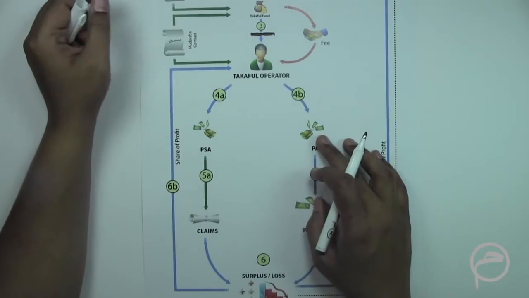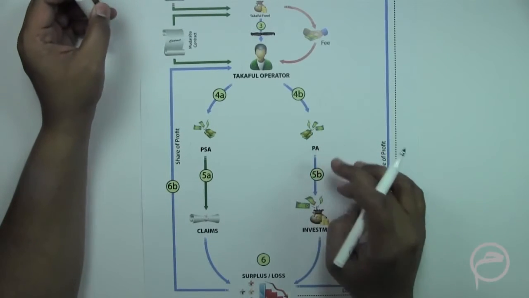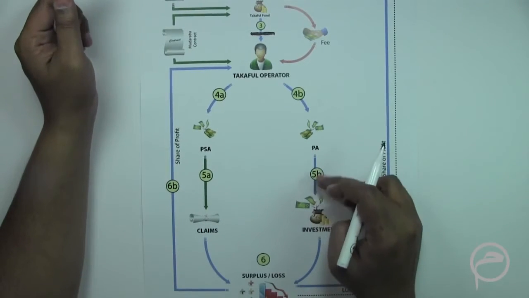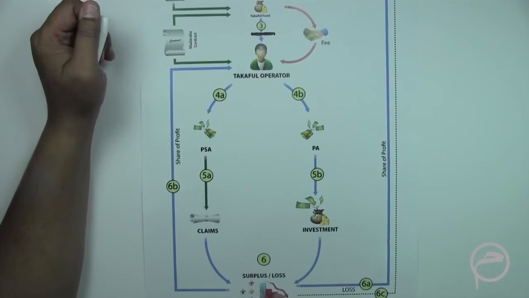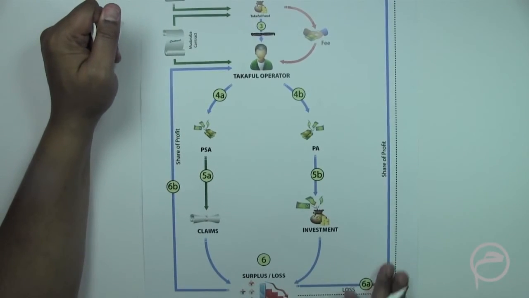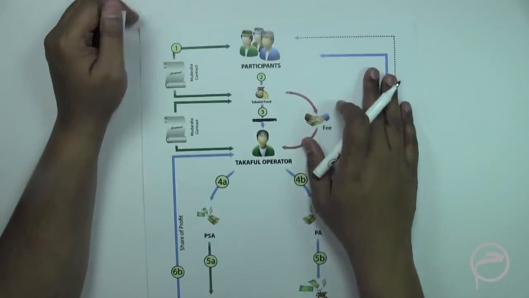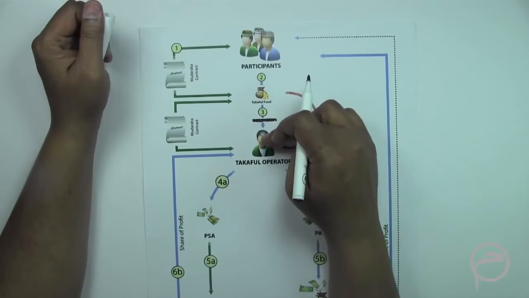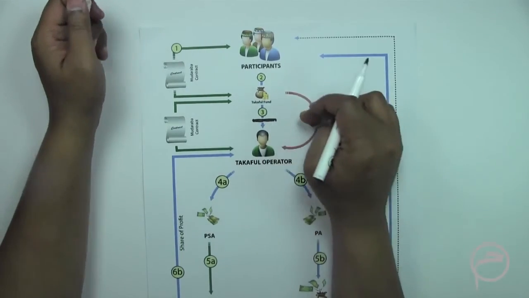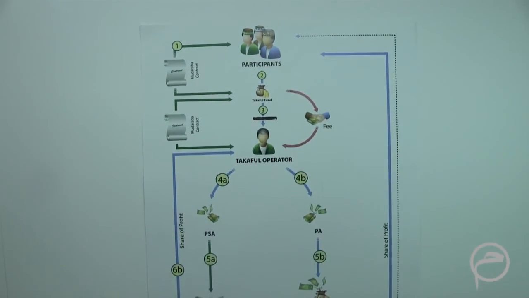In the participants account, the total investment plus the profit generated minus the operation expenses goes again into the surplus, and this surplus is shared with the participants, and a portion of the surplus is also given to the Takaful operator as fee. So this is in brief the Mudaraba model.